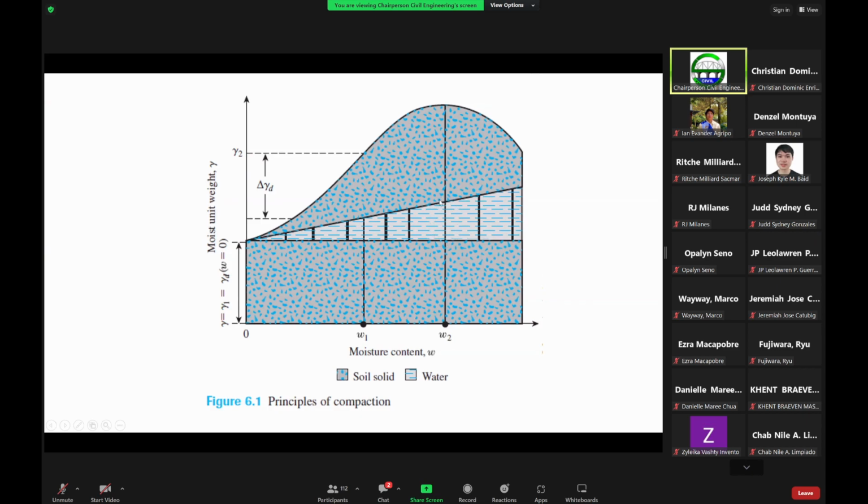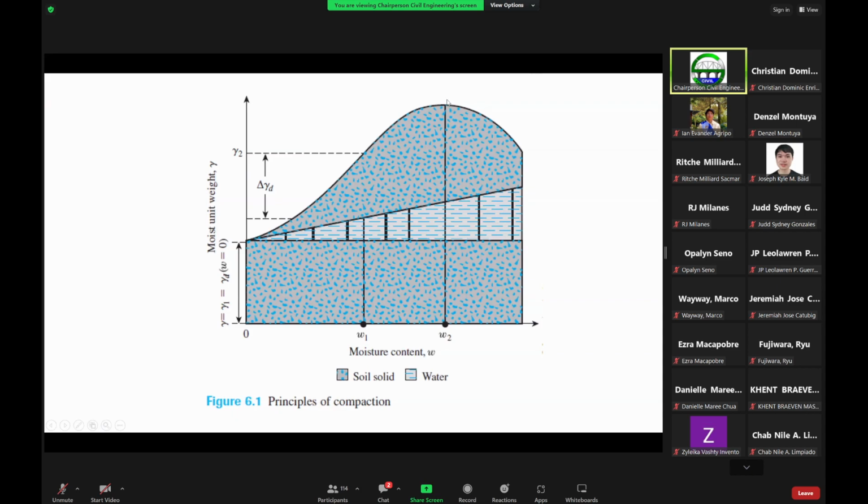The change in the dry unit weight also increases. I hope you're seeing my cursor. So again, here it increases until it will reach a point at W sub 2.